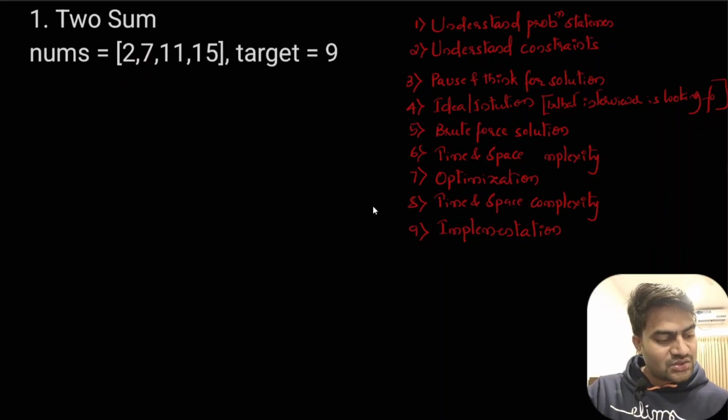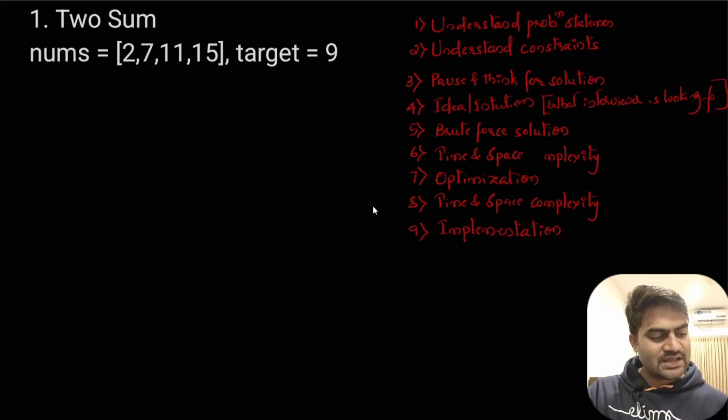We also understood the constraints: for sure there will be one such pair that gives the target, and you can return the indexes in any order. It accepts even if you change the order of the indexes of the answer.